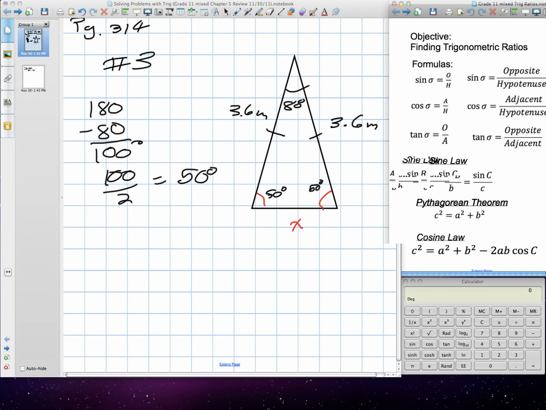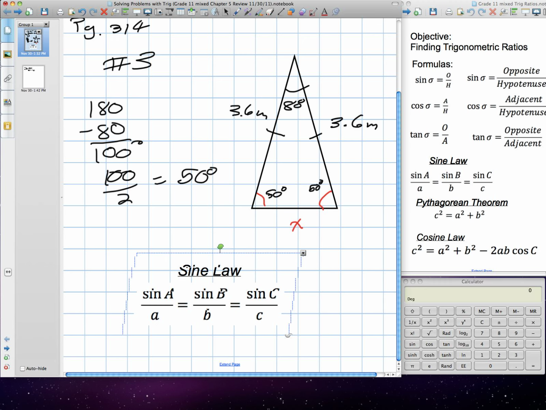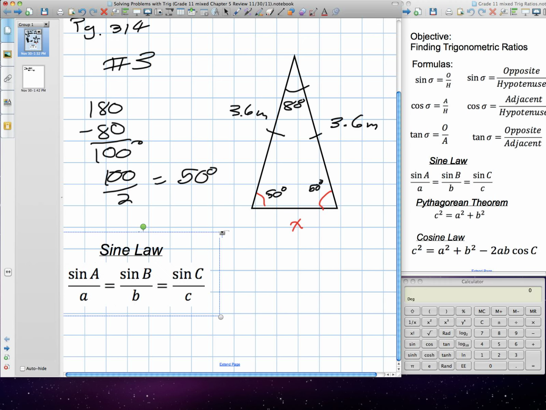I'm going to name this triangle. Now, for sine law, the letters aren't as important. So we're going to call this our A, and side X will be side a. Remember, it's very important to know how to name this. This will be my B, side b, and our C, side c.